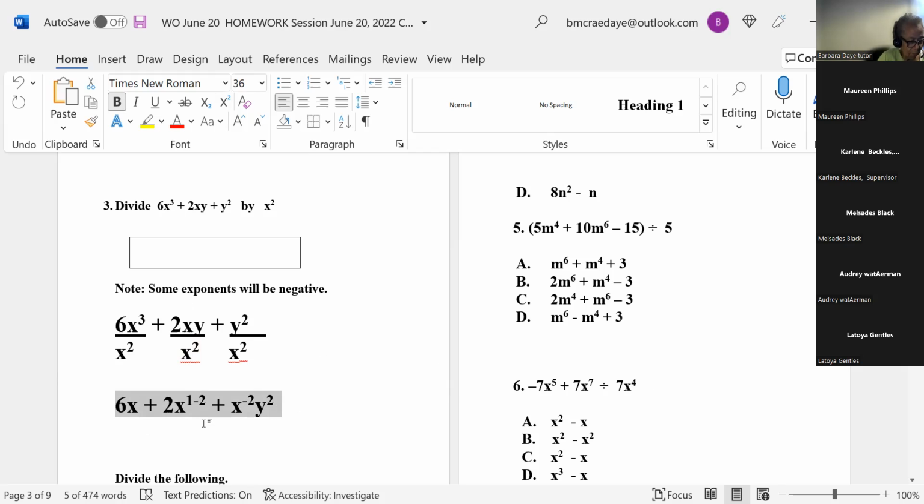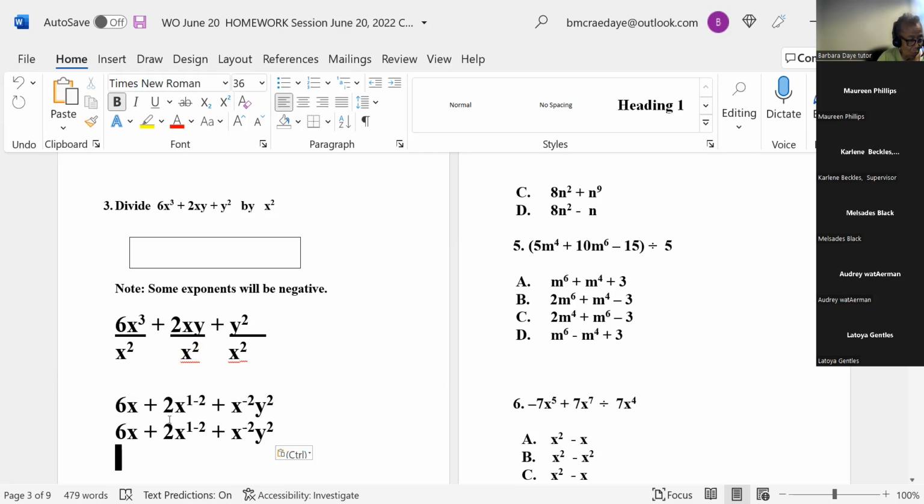Mercedes, let's just do that subtraction. So 1 minus 2 is what, Mercedes? Plus or minus? Plus 1 and a -2, Mercedes. What is it? I did say minus. Minus what? -1. Very good.